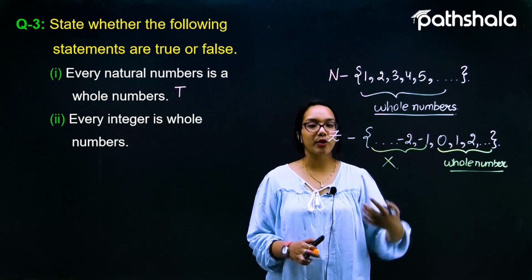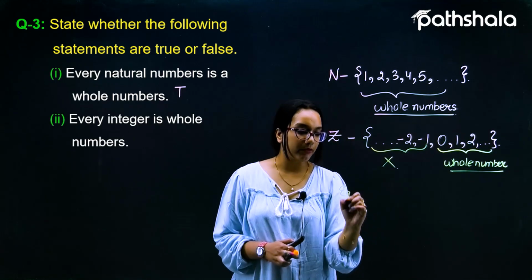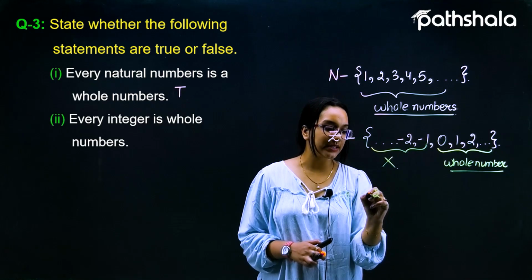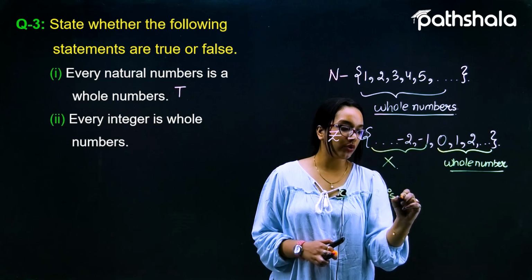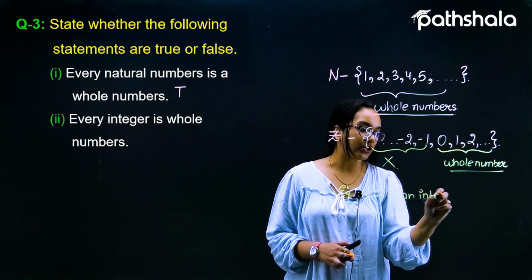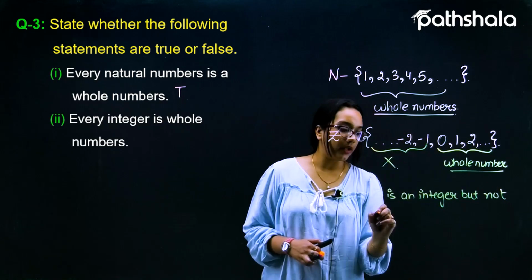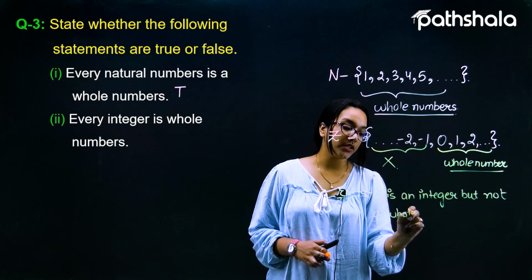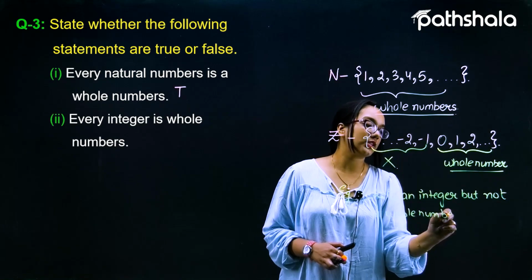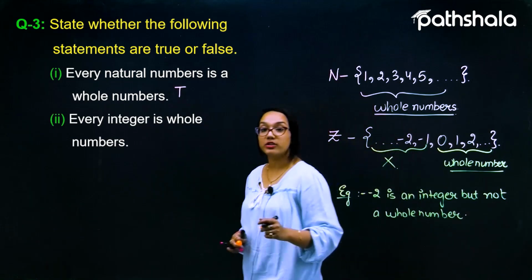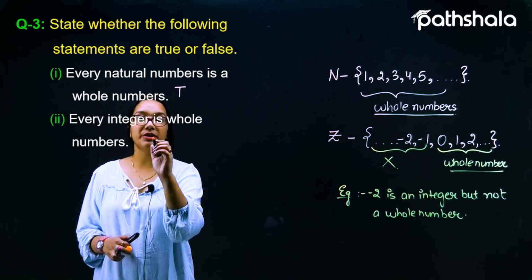So we can take an example of it as well. For example, -2 is an integer, but not a whole number. So it is an integer, but it is not a whole number. So the statement is false. So the answer for this particular statement is false.